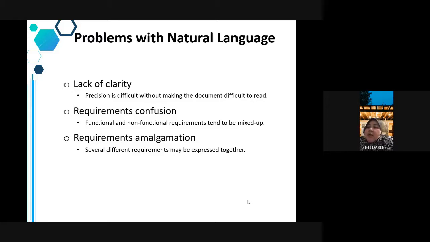This is the common problem yang biasa dalam specification writing, which are lack of clarity, which can lead to confusion, and could have amalgamation. Clarity is something about precision, how clear it would be when we read the requirement specification.